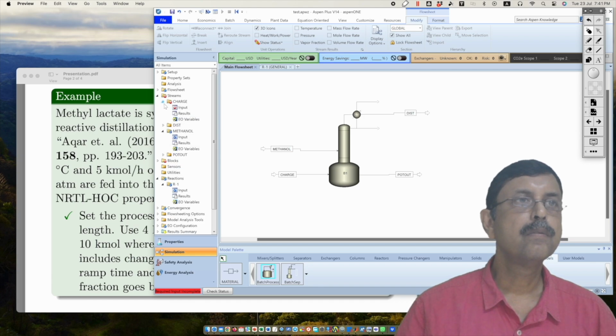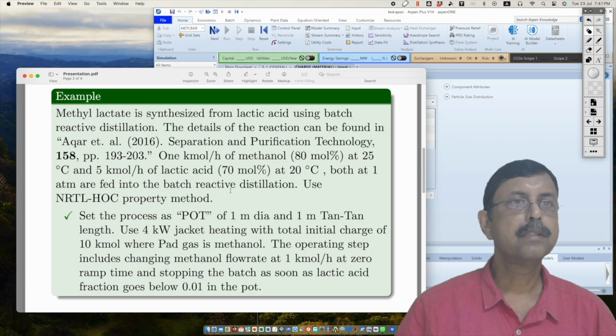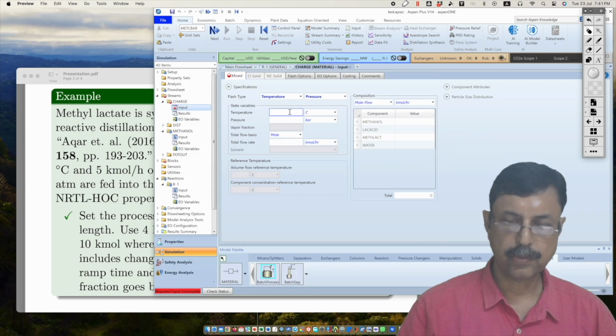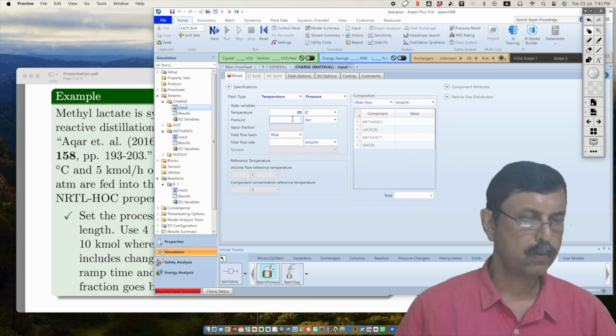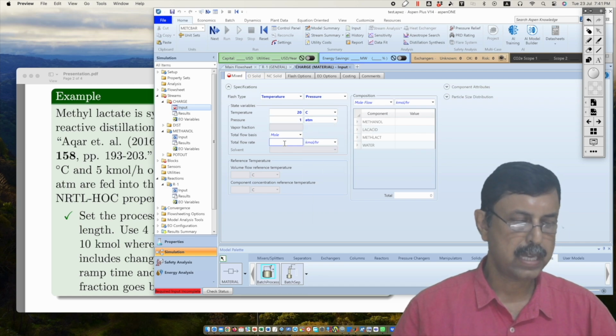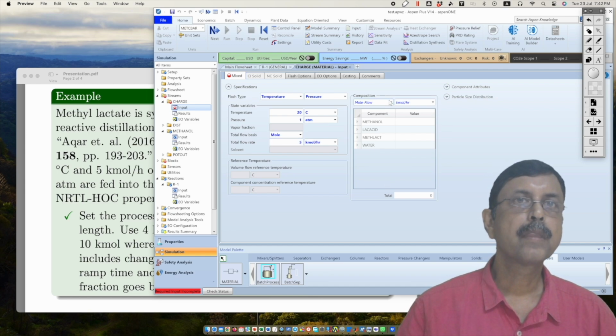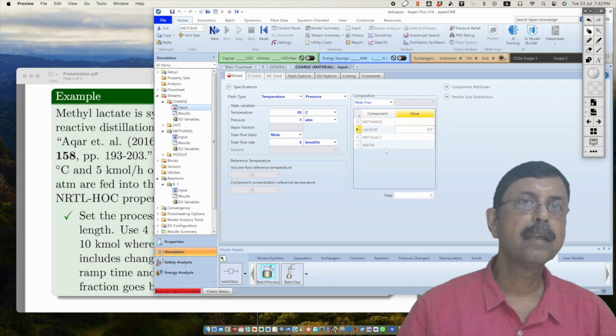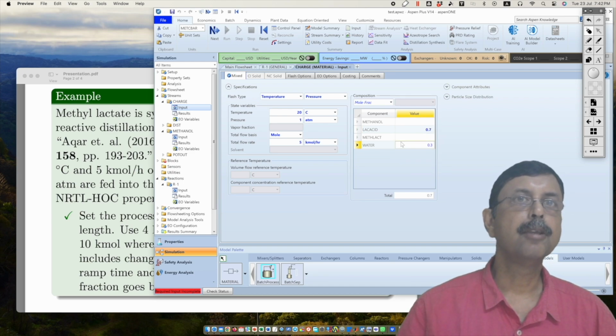And now fix the charge. Charge is lactic acid 70 mole percent, 5 kilomole per hour at 20 degrees centigrade. So it is 20 degrees centigrade, 1 atmosphere pressure, 5 kilomole, and mole fraction lactic acid 0.7 and this is 0.3.